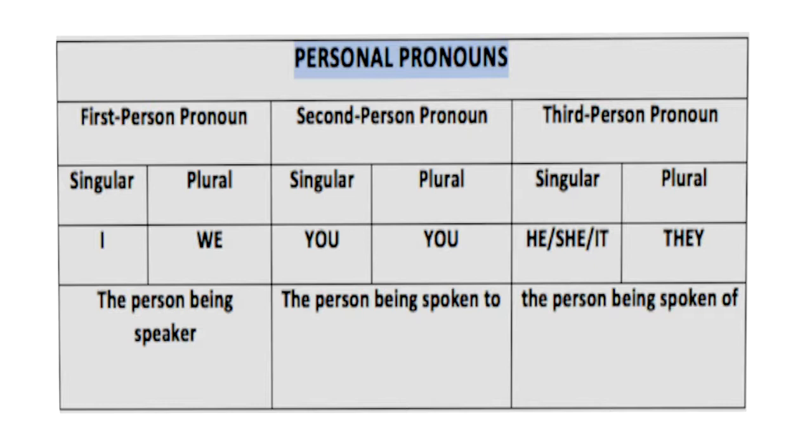And in the last column, the third person pronoun refers to the person being spoken of, in this case he for masculine, referring to a male, a boy, or a man, and she for feminine, referring to a female, a girl, or a woman, while it refers to a single thing or a single animal.